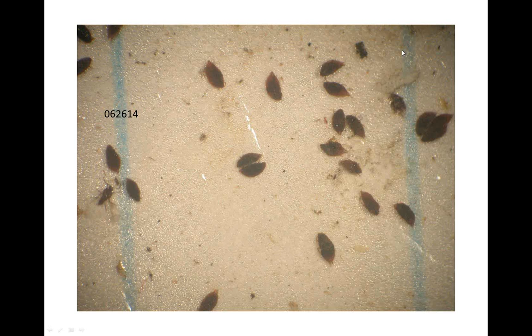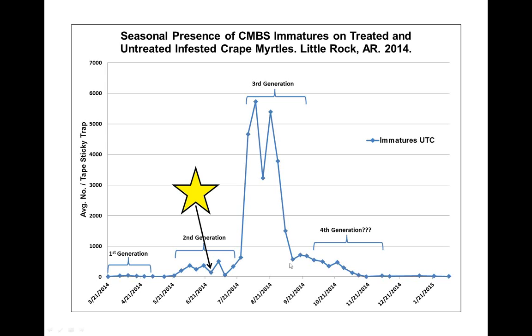But you see the blue lines, the vertical lines on the ruled paper. That makes it easier to count as you're moving down the tape. And the data generated from that set of tapes is indicated here on this timeline.